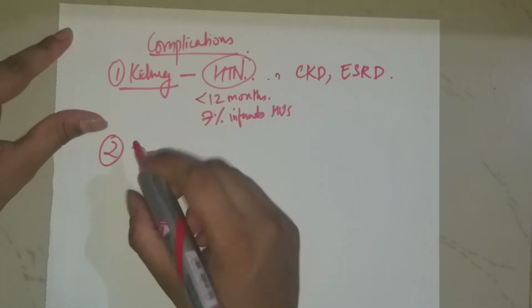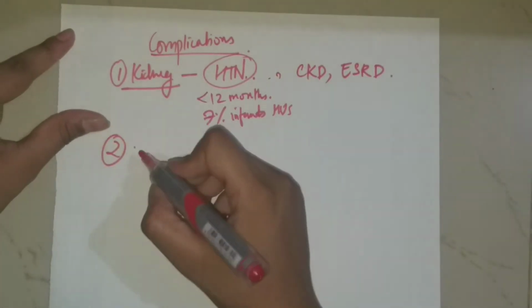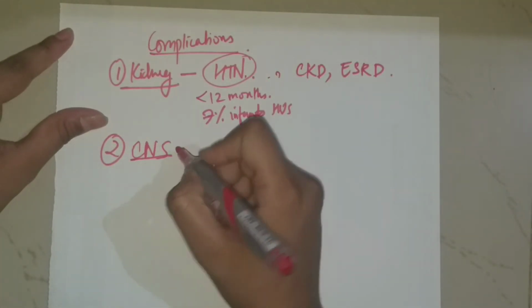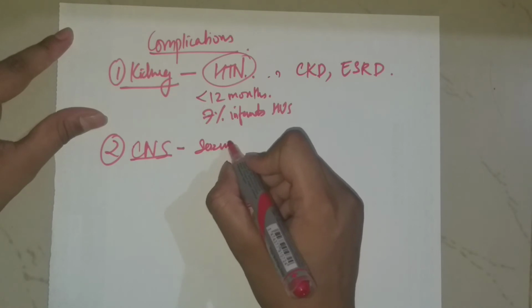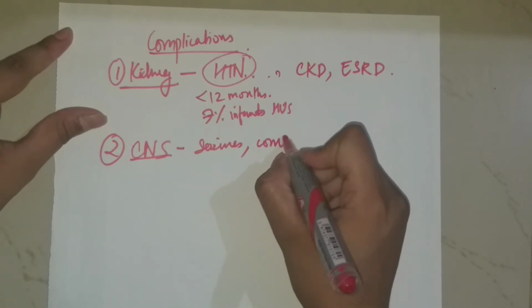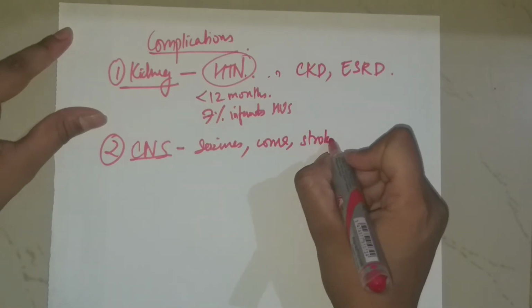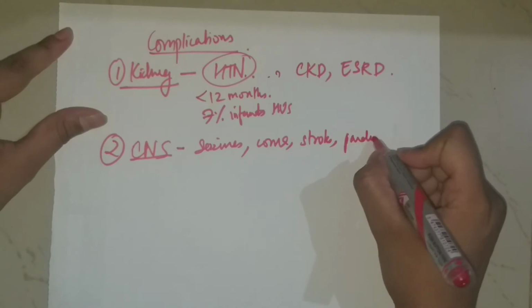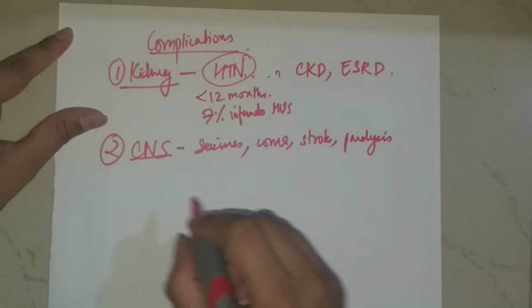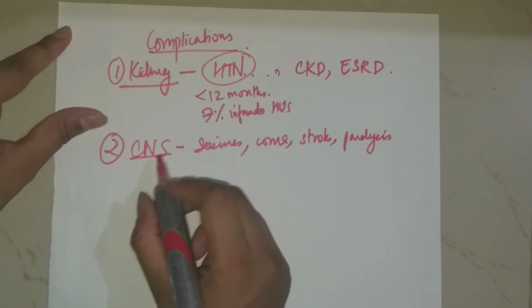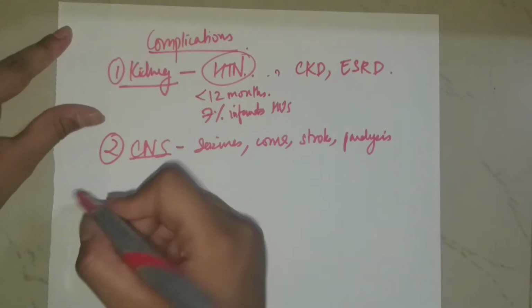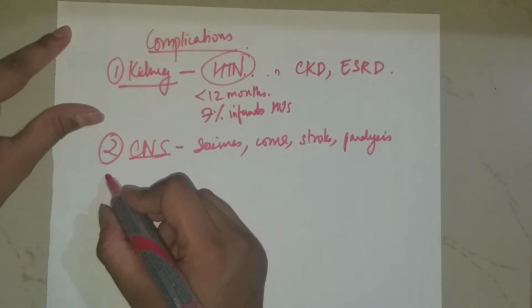Now, the next organ system which is most likely to be affected is the CNS. So there might be seizures, coma, stroke, paralysis. So of course, stroke causing paralysis also. These can be some complications which can happen in the CNS.